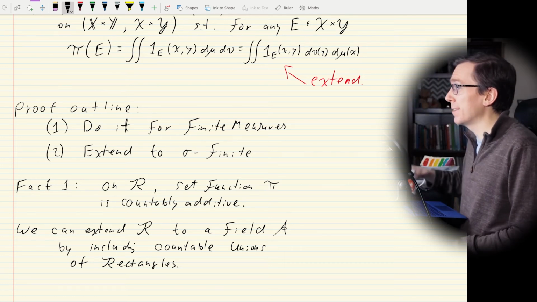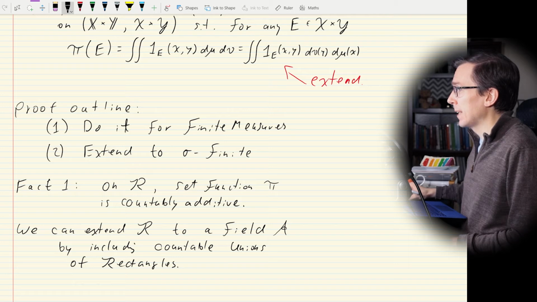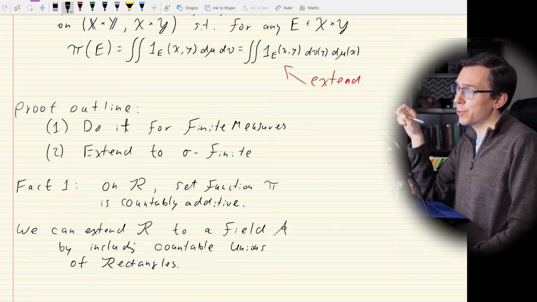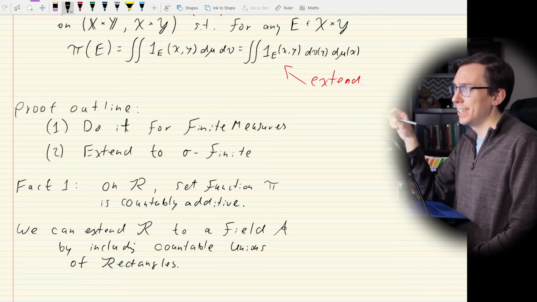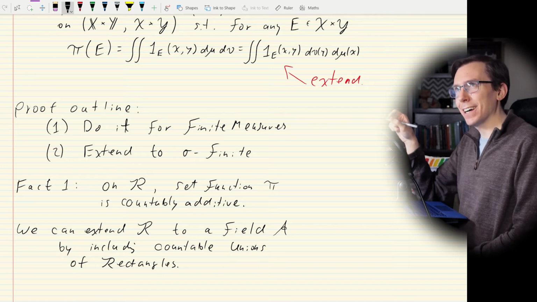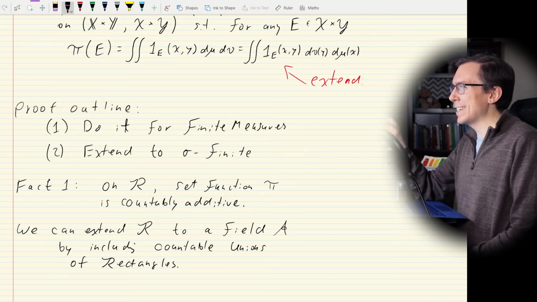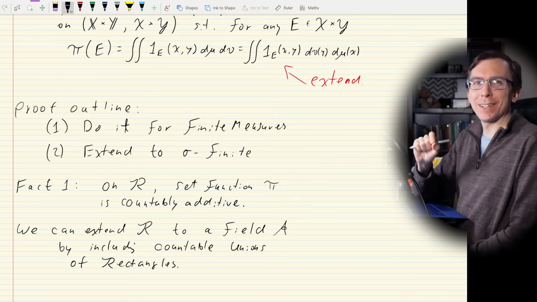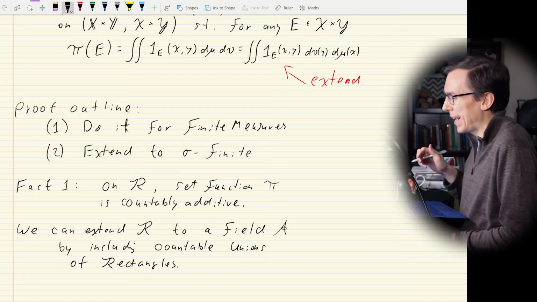That's all good stuff. Now, what we're going to use is an alternative version, a different type of theorem that's very, very similar to Dynkin's pi-lambda theorem.